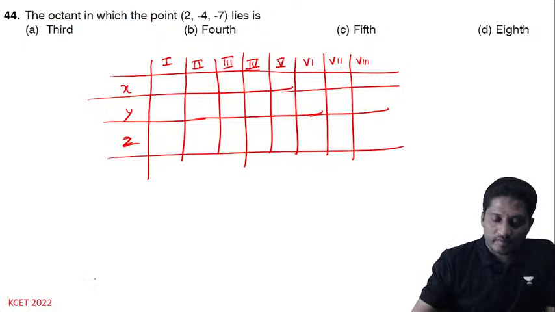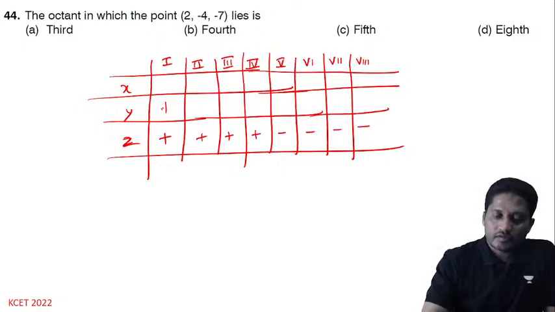Right, now remember like this, right? 4 plus and 4 minus, 2 plus, 2 minus, start with plus, end with plus, 2 minus, 2 plus, 2 minus.